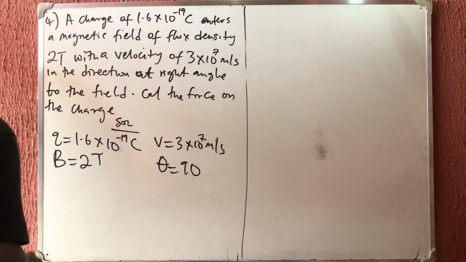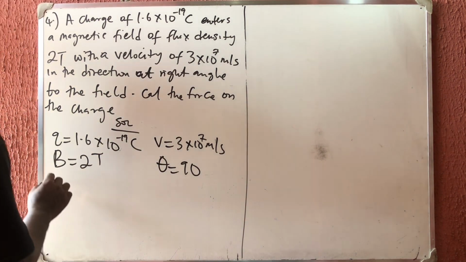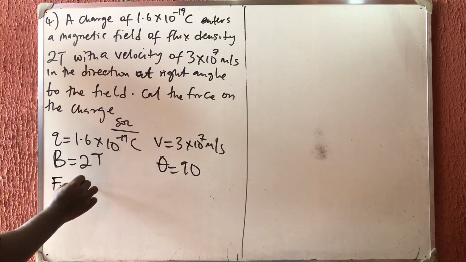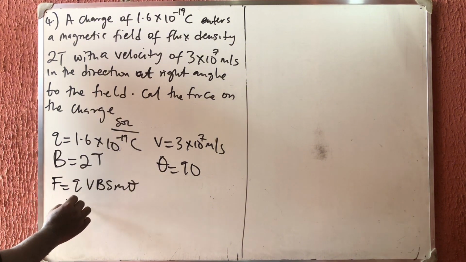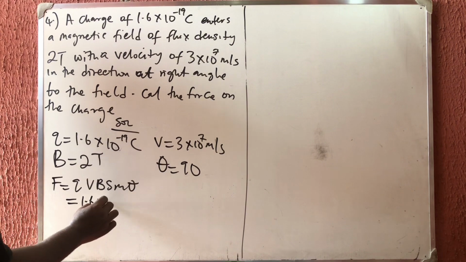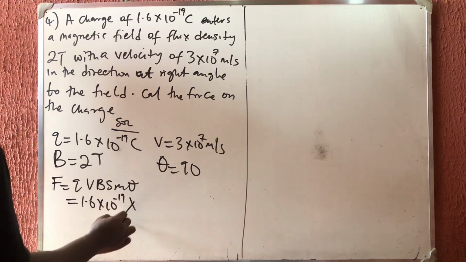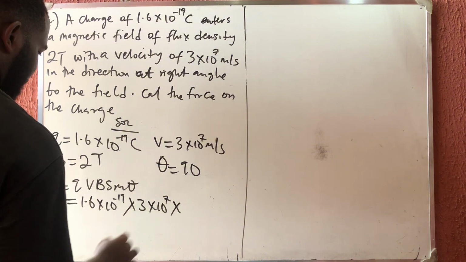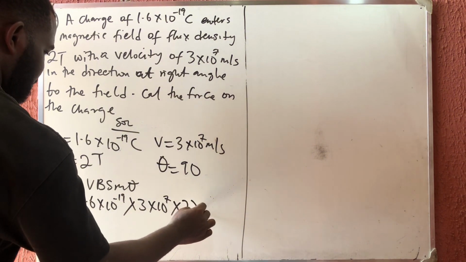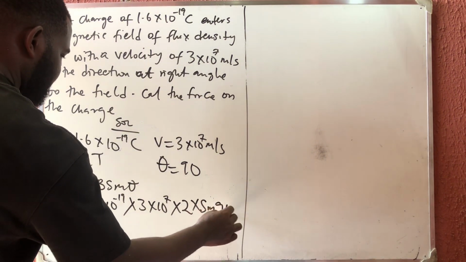So our F is equal to QVB sine theta, which is 1.6 times 10 raised to power minus 19 times 3 times 10 raised to power 7 times 2 times sine 90.